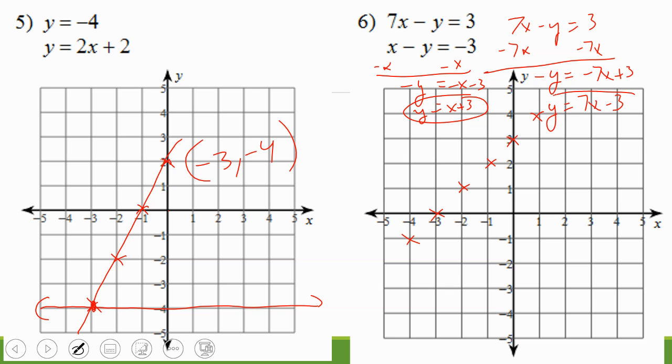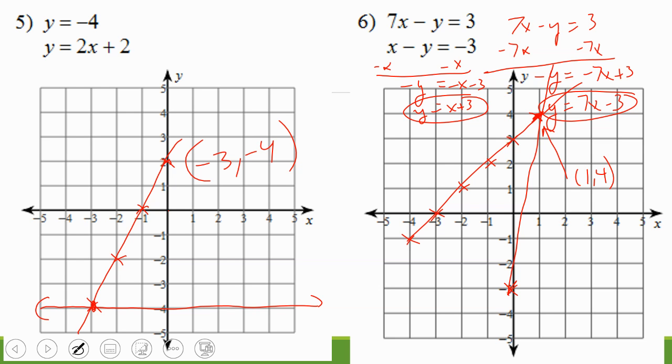Second equation, 7x minus 3. So I'm going to go up 7. 1, 2, 3, 4, 5, 6, 7 over 1. So there, right there is where they're going to intersect. When I draw that line, they're intersecting right there, which is 1, 4.